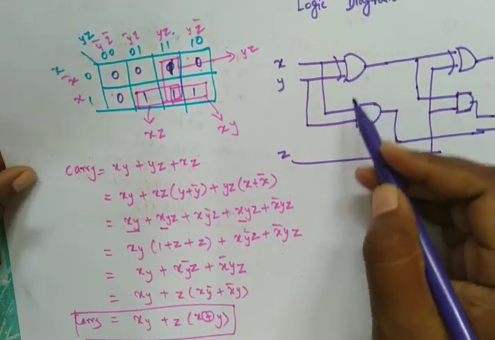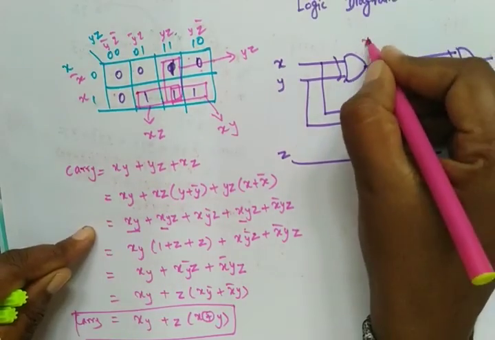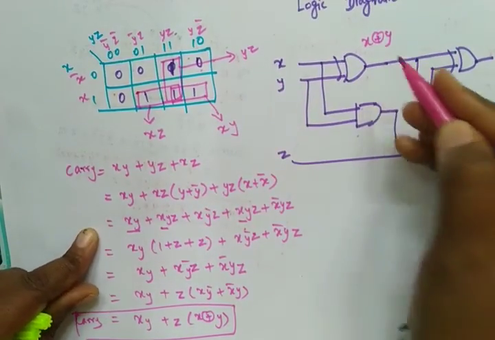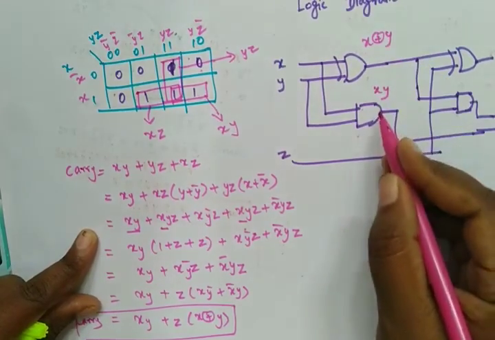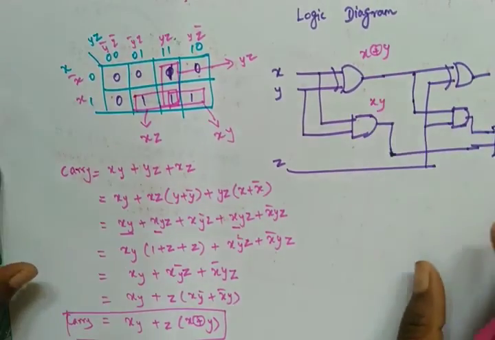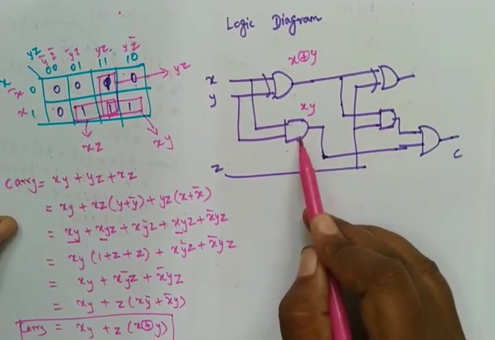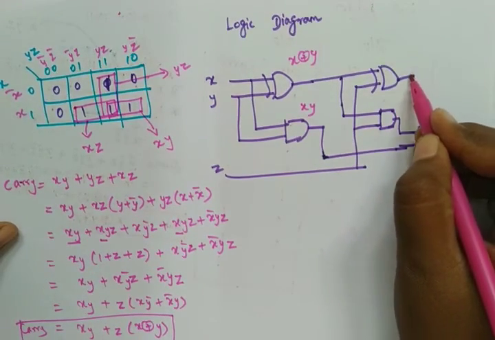Now what is the answer for this? Let us write it. The answer for this is x XOR y, and here it is xy, because this is an XOR gate, so we get x XOR y, and this is an AND gate, so x into y. Now what will be the answer for this?